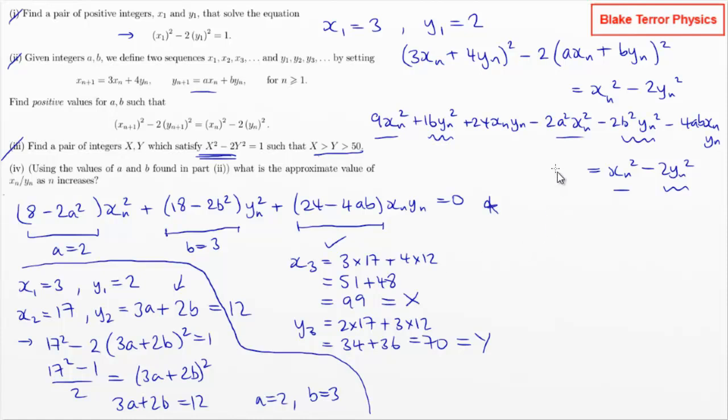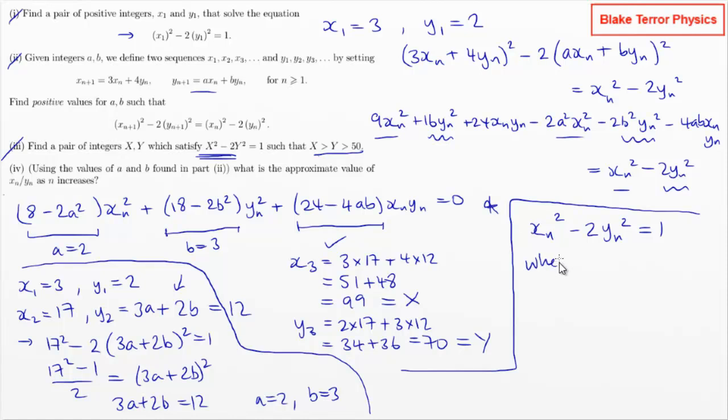So what have we got anyway on this? We've got xn squared. Let's just separate this off. We've got xn squared minus 2yn squared is equal to 1. Whatever value of n we've got, that is going to be the case. And we're saying that xn and yn increase with n.